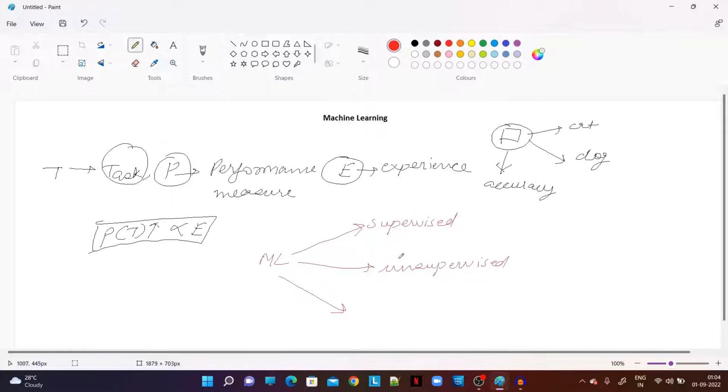It's called semi-supervised, and one more, it's called self-supervised. So I'm sorry I mentioned two, but there are actually four. Initially these two were the main, and we'll probably be focusing on these two initially.